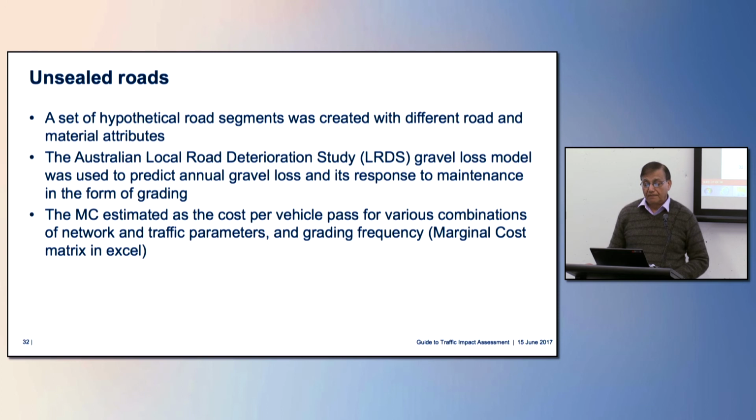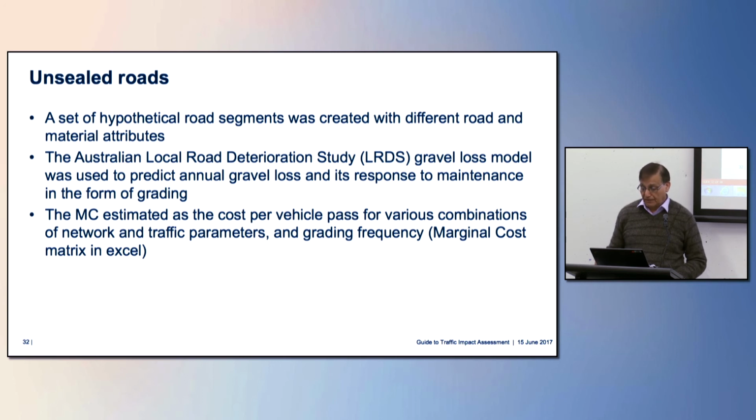We do have obviously a number of unsealed roads, roughly about 4,000 kilometers in our road network. For the unsealed road, there is a model called the Australian Road Research Board gravel loss model, which has been already developed. That's what is used to calculate the marginal cost for unsealed road.